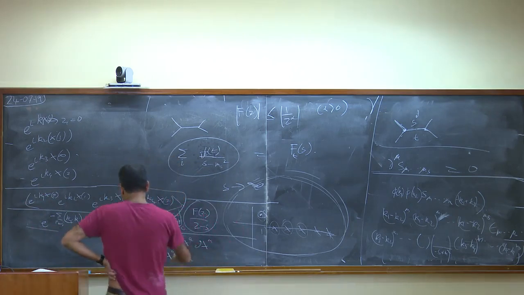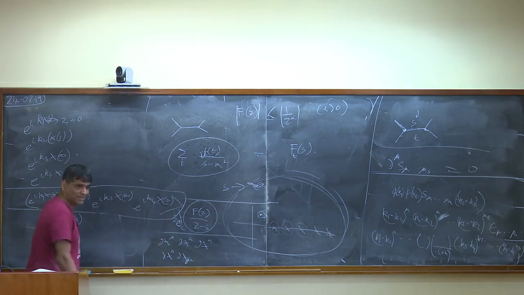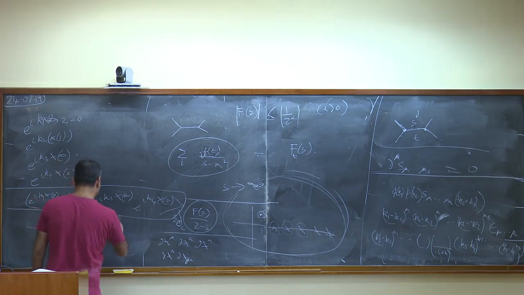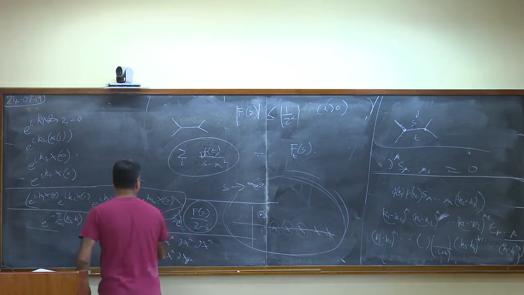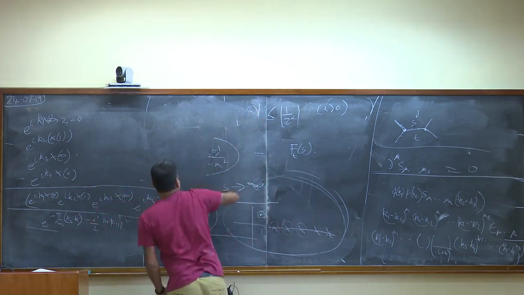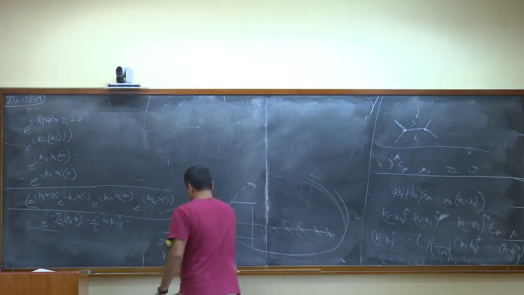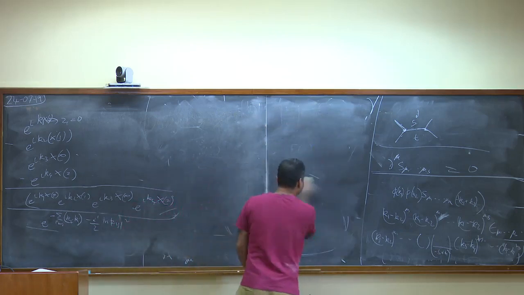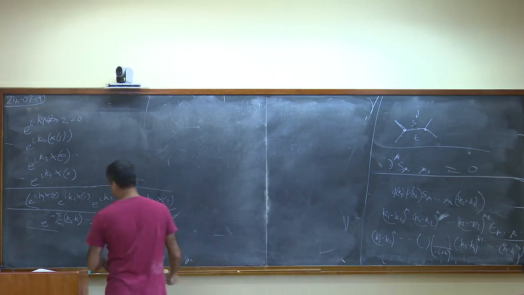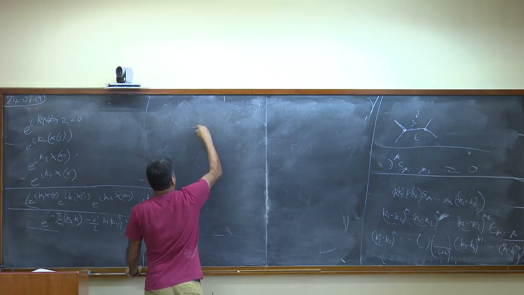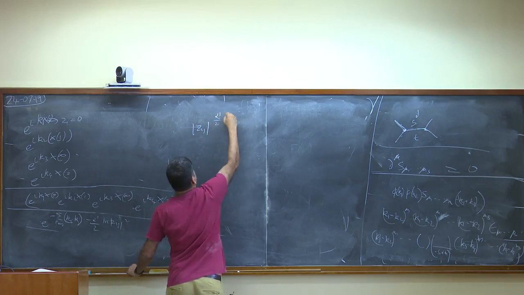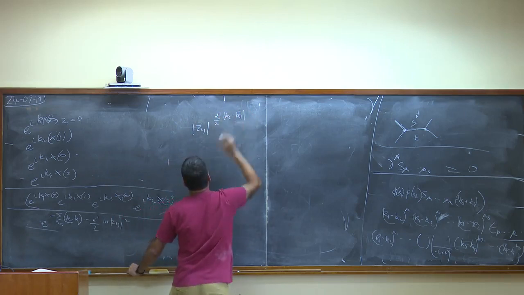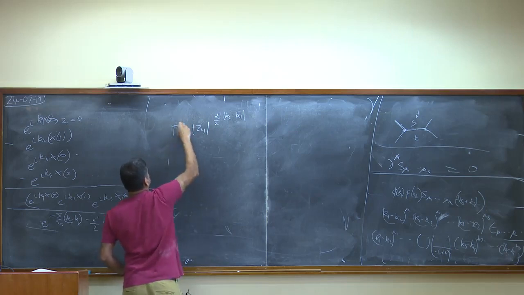And then we use, of course, the fact that this 2-point function was minus alpha prime by 2 log mod z_ij squared. And so what we have is mod z_ij to the power alpha prime by 2 k_i dot k_j, and some overall product over all pairs.